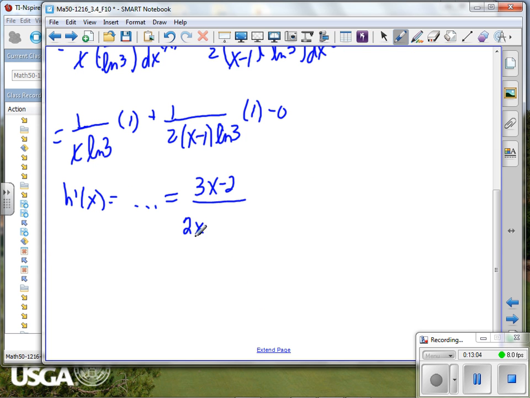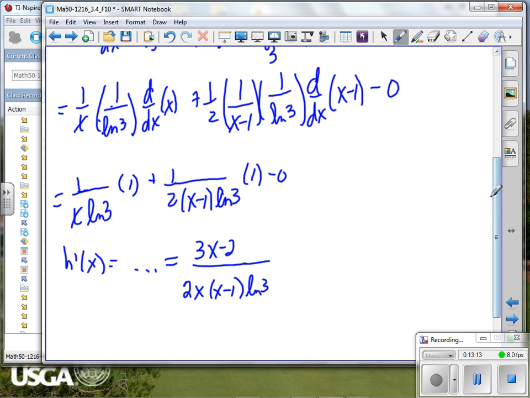So then we have 2x, the quantity x minus 1, natural log 3. I can almost guarantee you that a lot of your answers are not going to check out exactly with what the Inspire says, so you have to know. You take your answer and set it equal to what the Inspire answer or the back of the book answer says, and if they're equivalent, it's okay with me.